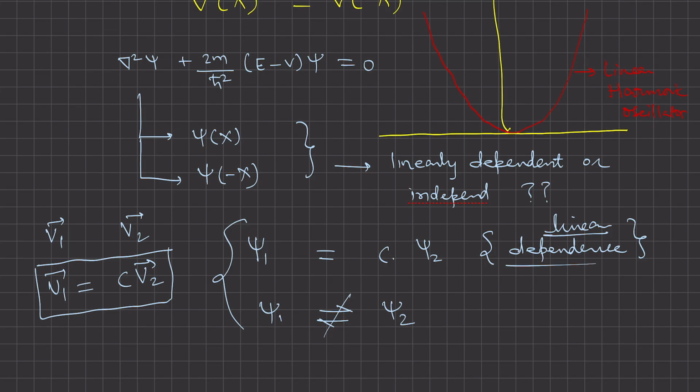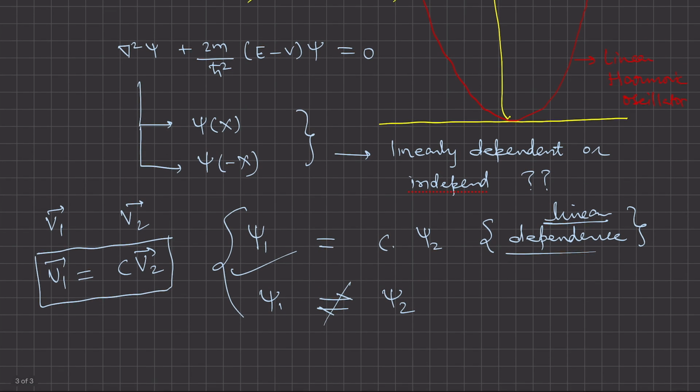So that is why if these wave functions are linearly dependent, they do not correspond to degeneracy. Because if the energy eigenvalue is the same for two energy eigenfunctions, we say that there might be a condition of degeneracy, but only when those wave functions are linearly independent. So that is the crux.